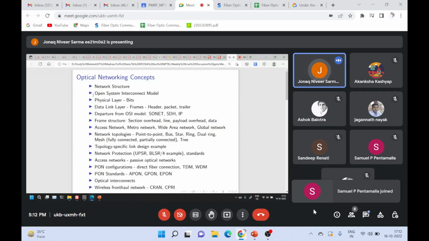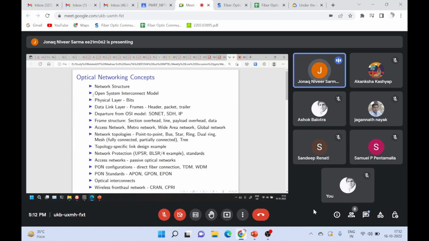So how one application communicates to another application in some other computer, that was shown in this OSI model. Our course was mostly focused on the physical layer, where we are transmitting bits using electric fields and electric field intensities, bits and symbols.